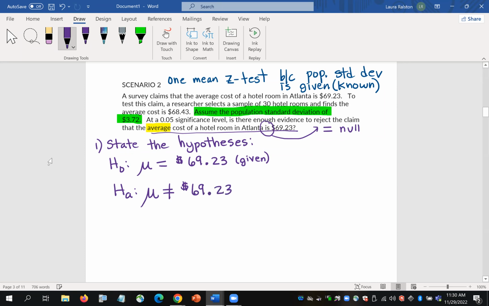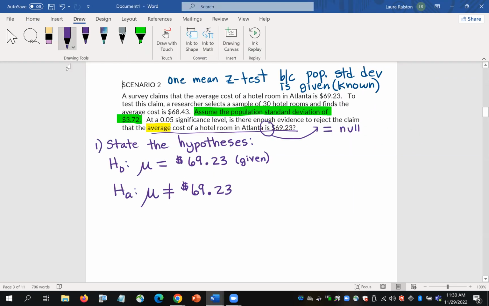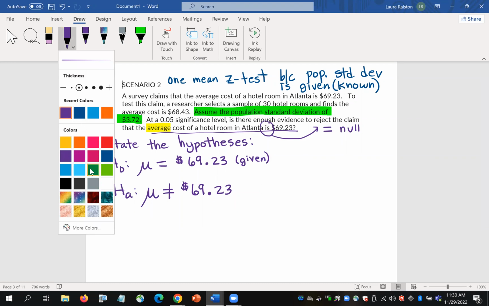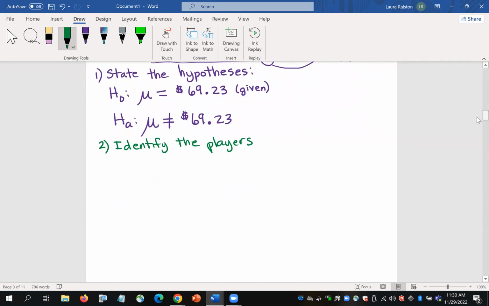Now, I don't think it's on the document. Let me see. When this tells you which test to use, it doesn't indicate here what information do you need. So hopefully you may have that in your notes, because remember, step 2 here is to identify the information that you need. Now remember, I pretty much teach this almost every semester, every day.